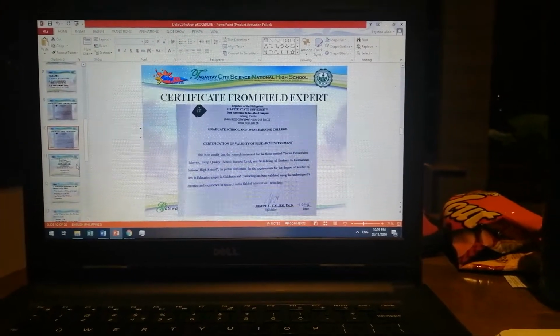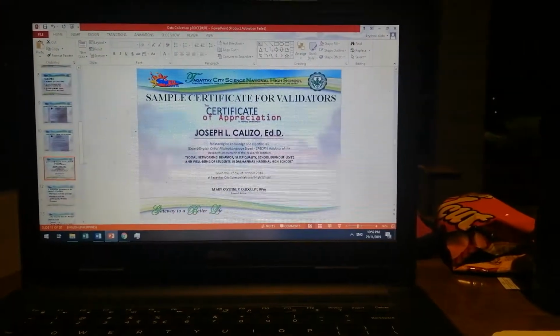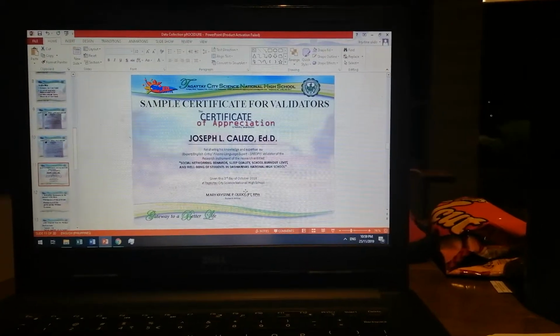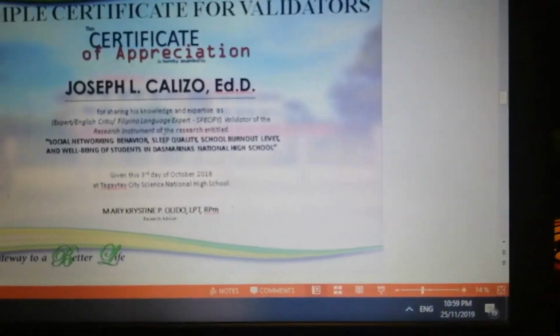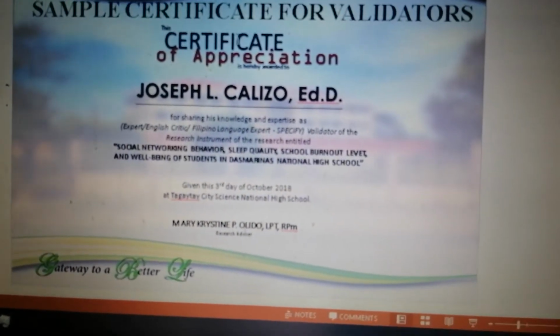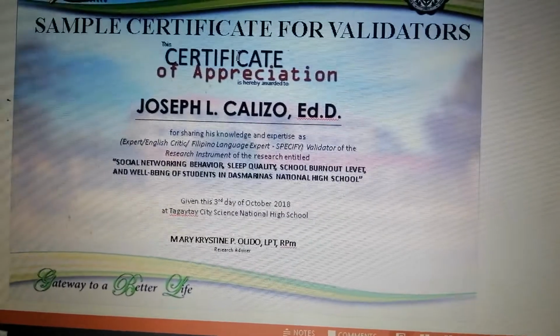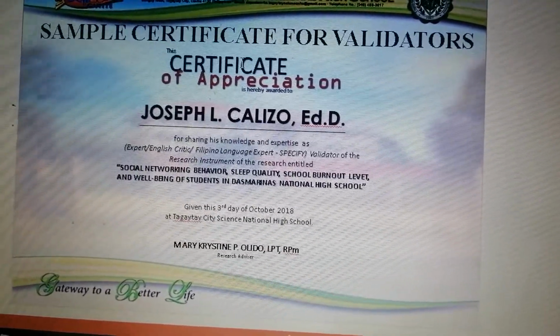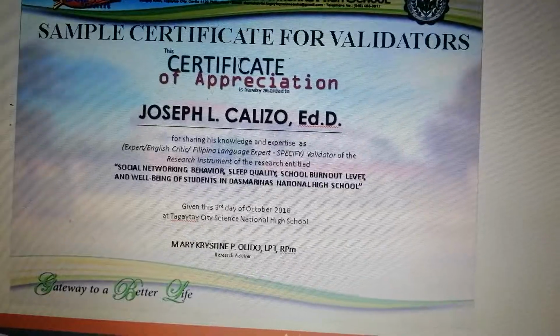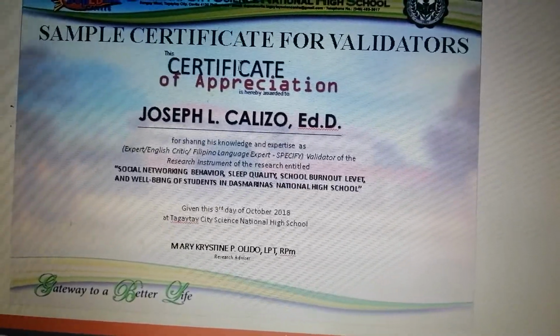Aside from that, you also have to give Ma'am Rema, if she's your validator, a certificate that is just like this. So it's a certificate of appreciation that says that Ma'am Rema gave you a service to validate your data.